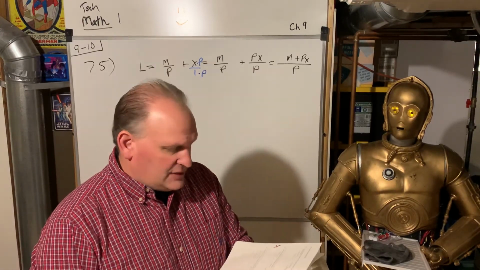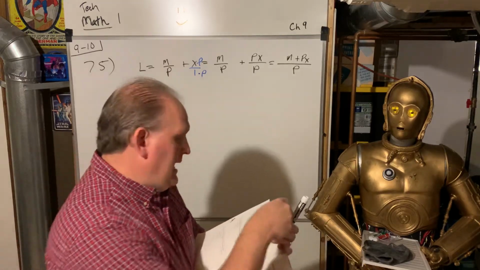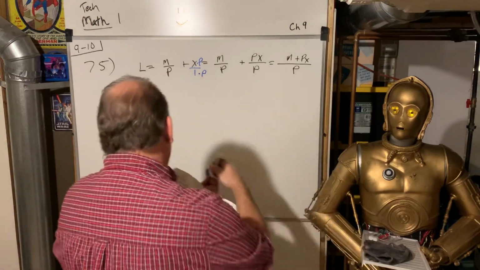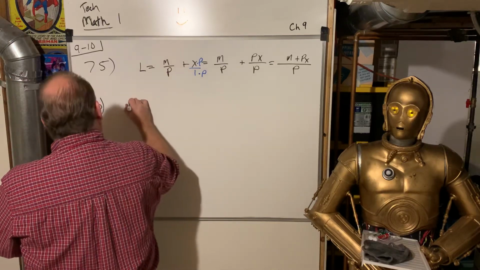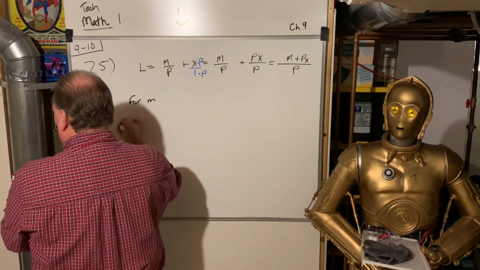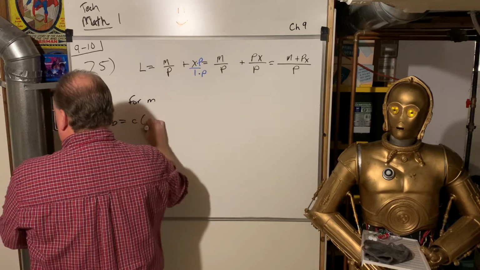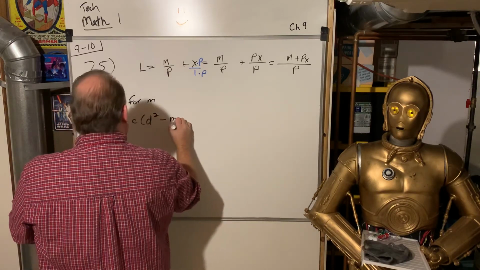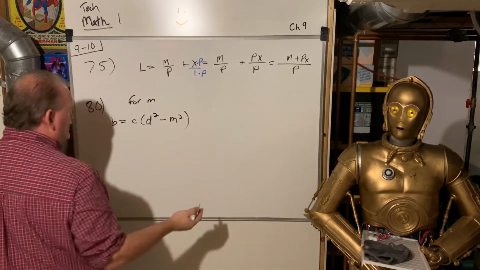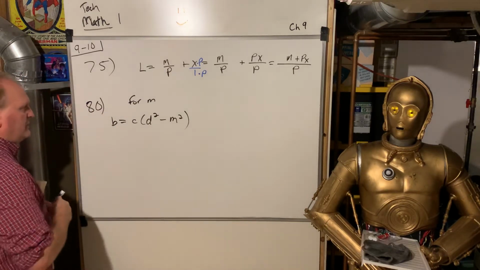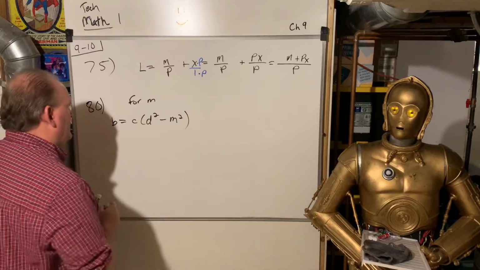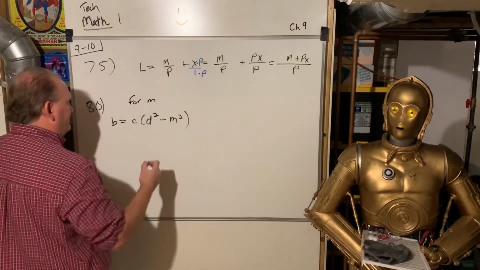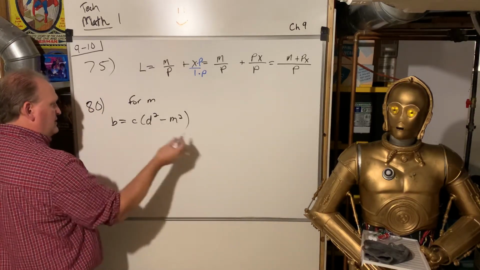All right, so then let's do another one, number 80, where they want me to solve for m when I have b is equal to c times d squared minus m squared. All right, so this is really just the same as what we did before. It's just a little more, you know, they've got a negative in there and a squared in there.